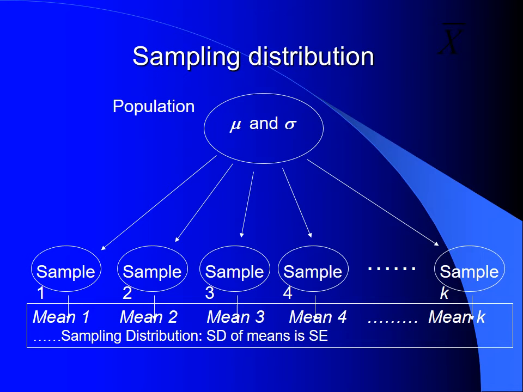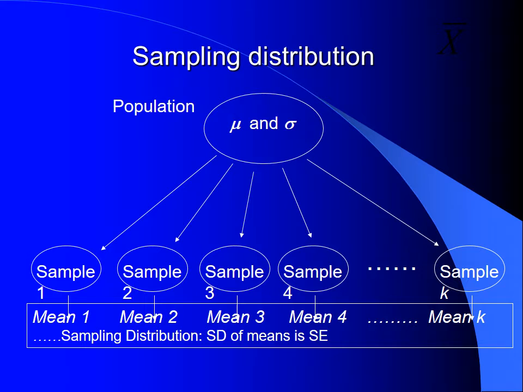Now let us look at the sampling distribution. If you have a population with mean mu and standard deviation sigma, and we draw several samples, sample 1, sample 2, sample 3, up to sample k, for each sample we can have one mean.